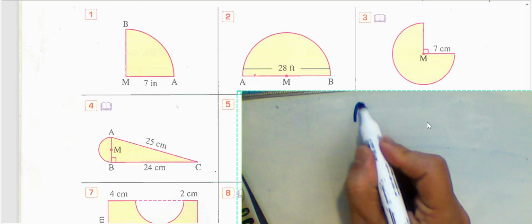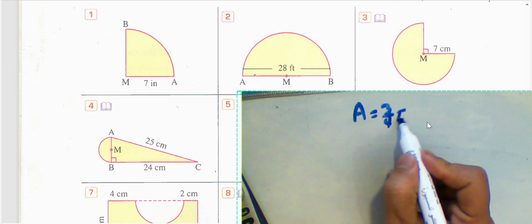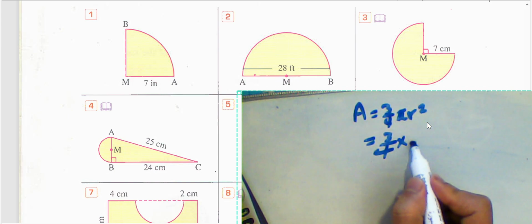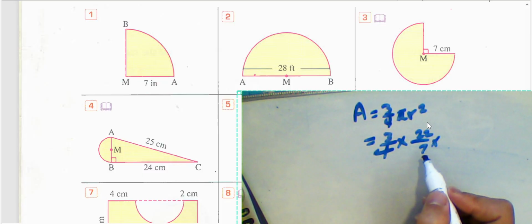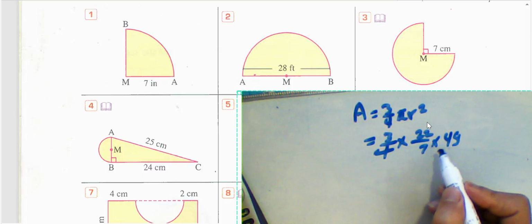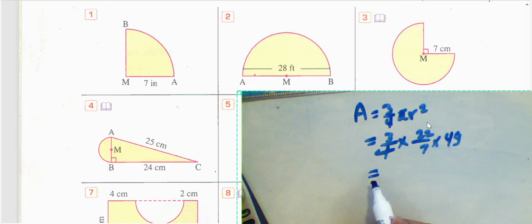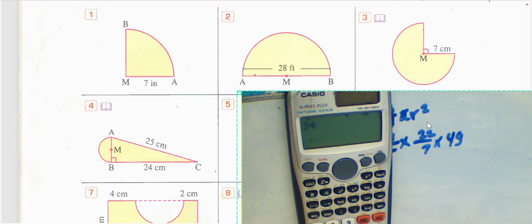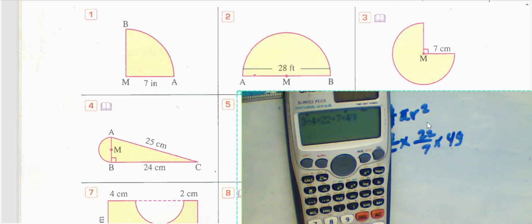And what about the area? The area equals 3/4 product by r power 2. 3/4 product by 22/7 product by radius power 2. 7 times 7, 49. Okay. Then you can use a calculator to find the answer here. 3 divided by 4 product by 22 divided by 7 product by 49.